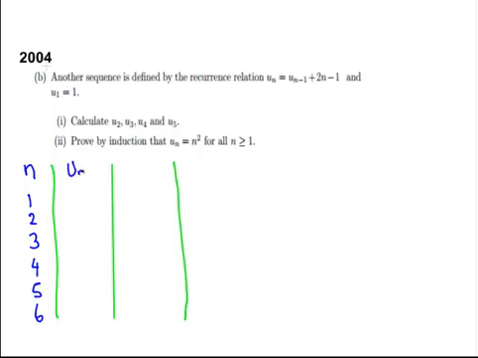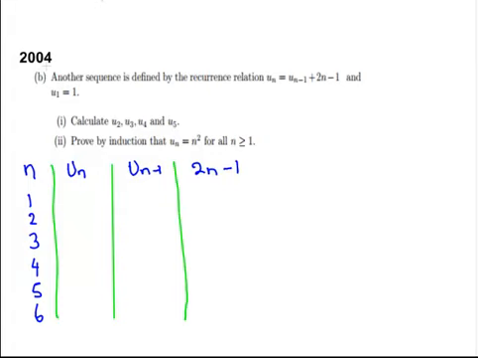Then u of n, and u of n minus 1, and 2n minus 1.